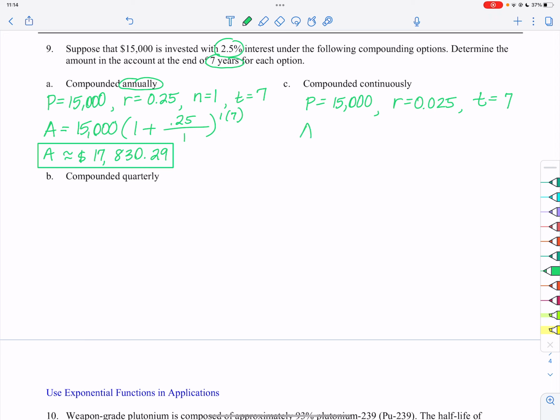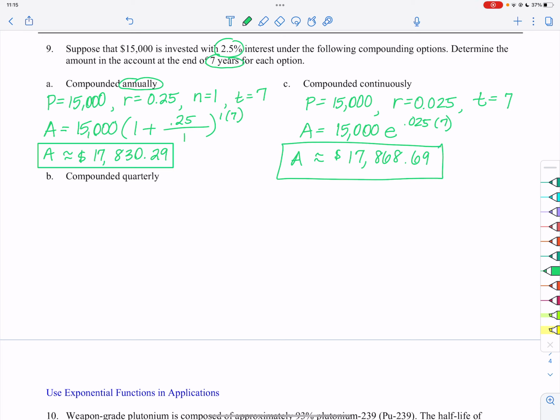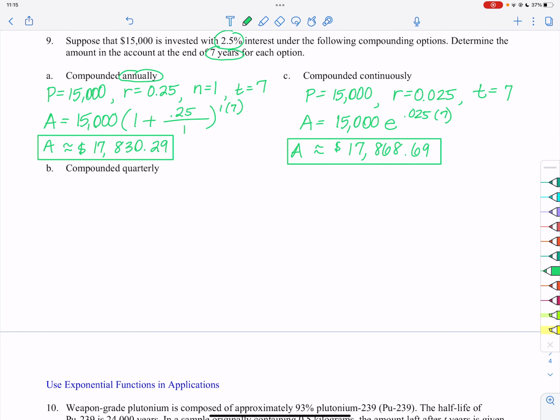So the amount is that principal amount multiplied by e to the rt. And if you put that in your calculator, you will come up with $17,868.69. So you can see that it is a bit more money.